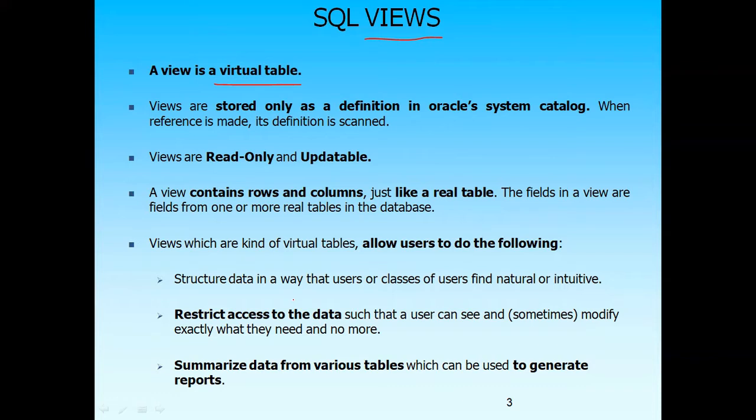From the searching point of view, if there is a single student table for the complete college, then definitely in that table the student information will be there for the mechanical department, computer department, IT department, civil. So you can think about the size of that table.